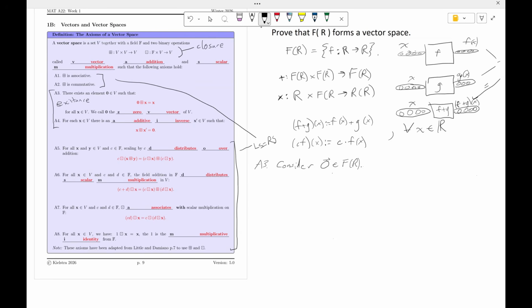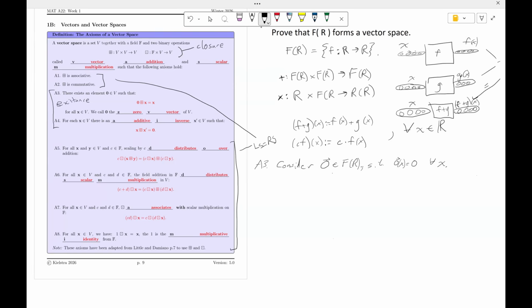Now, I have this zero function, but I got to define it as a function somehow. Well, I'm going to define it such that 0 of x equals 0 for all x. And this here is the number 0, whereas this is the function 0. Okay. What do I want to show? I want to show that 0 plus x equals x.